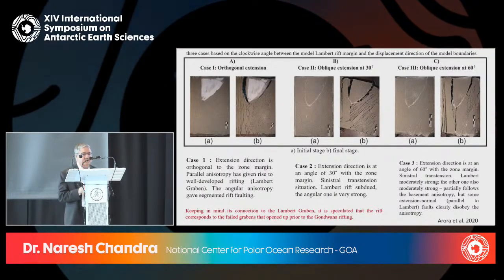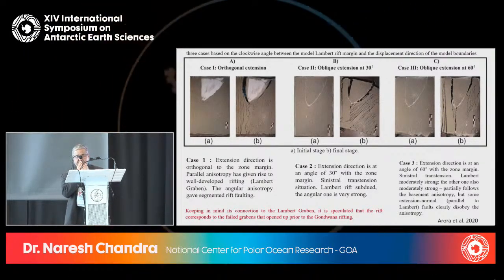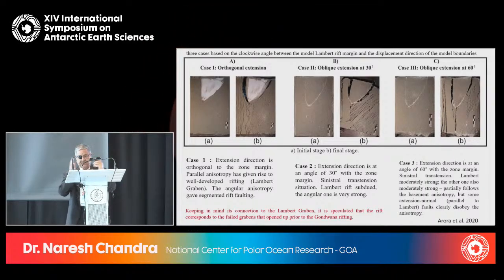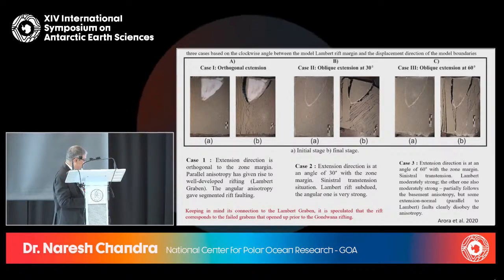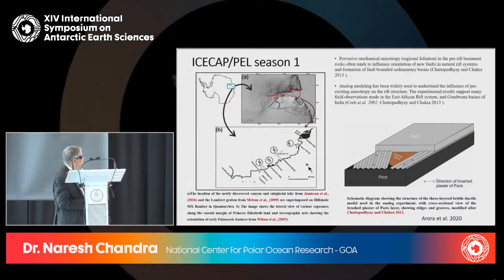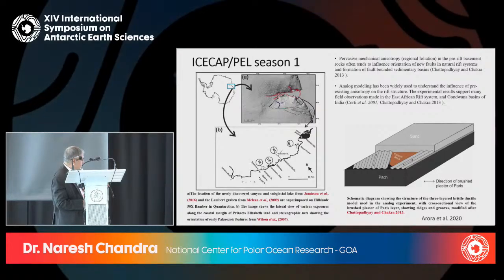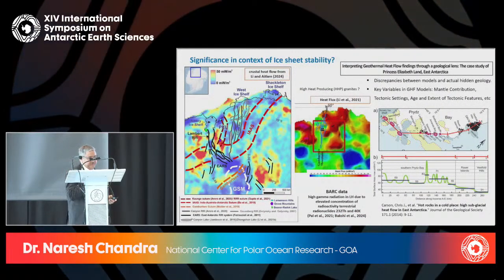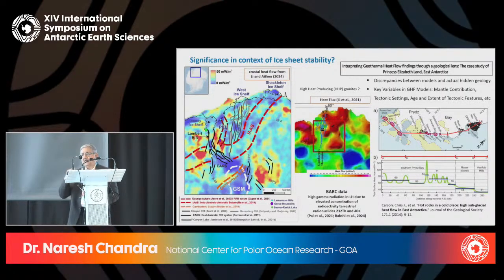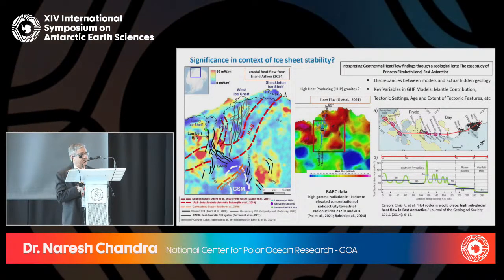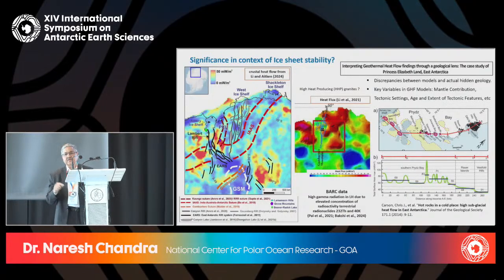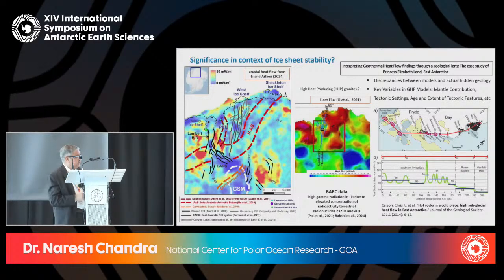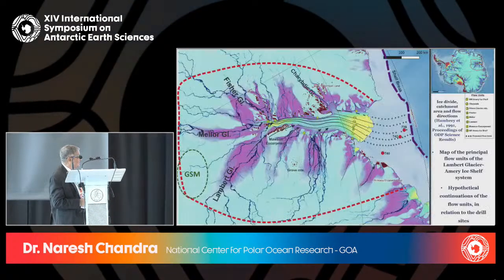That allowed us to conclude that a 90-degree, orthogonal shift to the Lambert will produce a 45-degree system of shears. I will not repeat this because I need to discuss something more, but this has implications for the ice sheet in this terrain, or the fate of the ice sheet from this terrain.